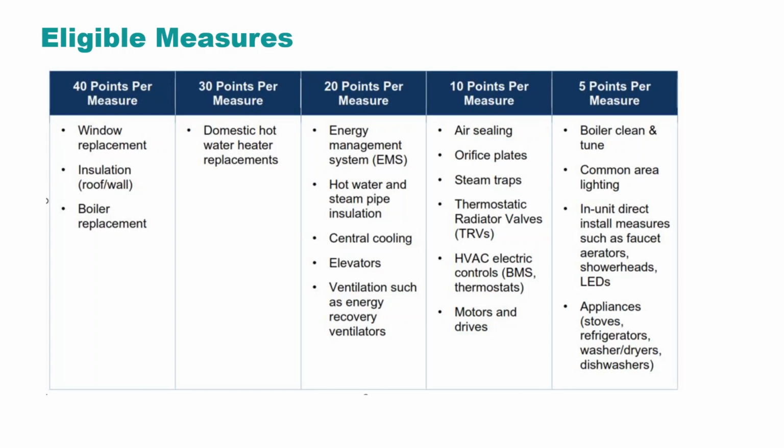So if your building ranges from 100 to 150, your incentive would be $1,500 times the number of dwelling units. And if you were to do all three of these, plus let's say a domestic hot water heater and one of the smaller retrofits like air sealing, that would put you above 150, where your incentives would be calculated at $2,000 per unit. Next slide, please.